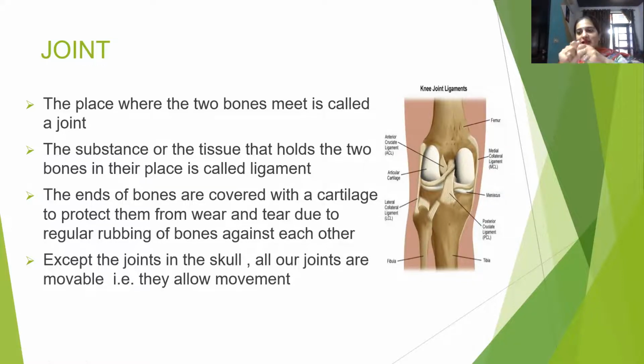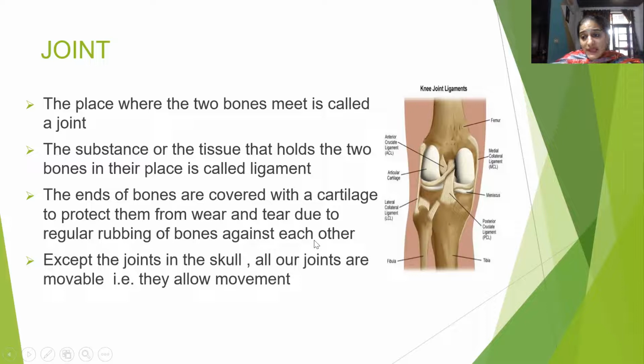At the joint, the two bones will rub together and they will deteriorate with time. Do we want our bones to deteriorate? No. That's why God made cartilage. So the ends of the bones are covered with cartilage to protect them from wear and tear due to the regular rubbing of the joint against each other.